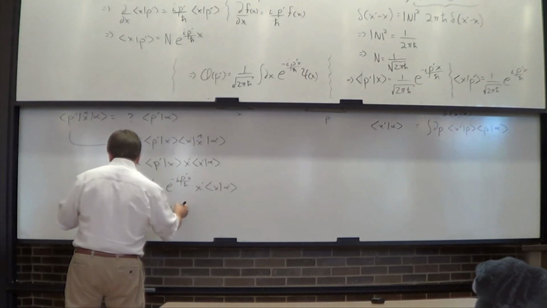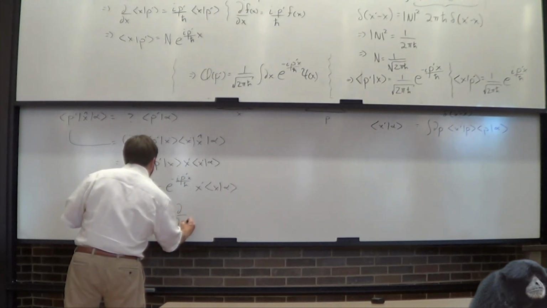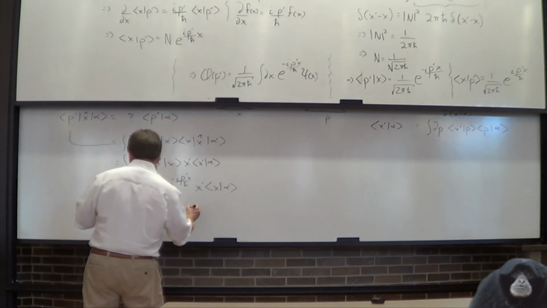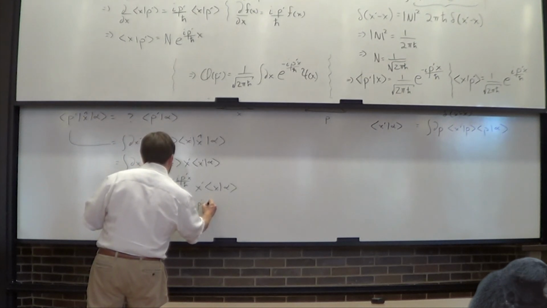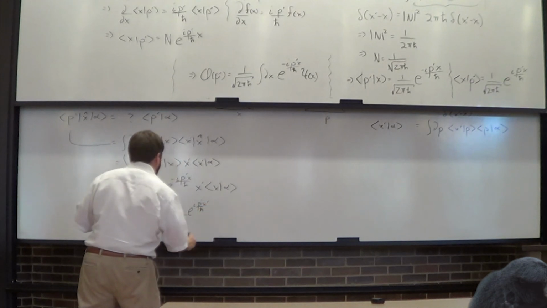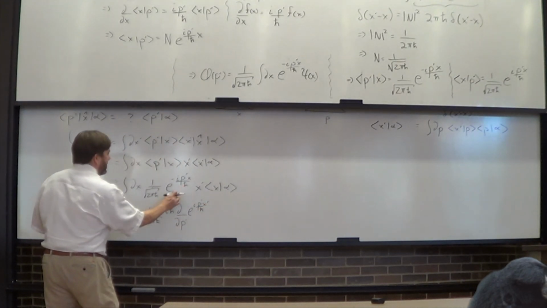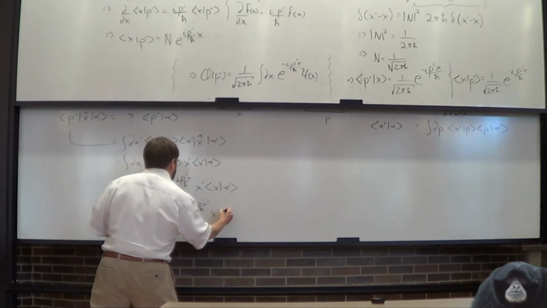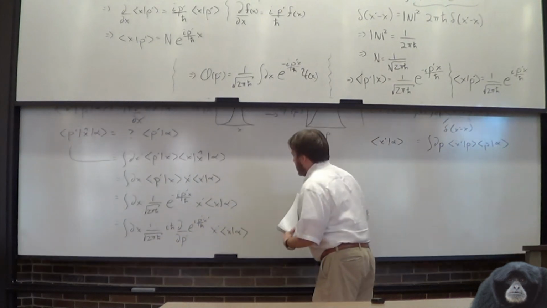E to the blah, blah, blah is this. It's i h bar derivative with respect to p prime of e to the i... Okay, again, this i h bar derivative of this is equal to that. I know I'm hurrying, I know I got to finish this up.